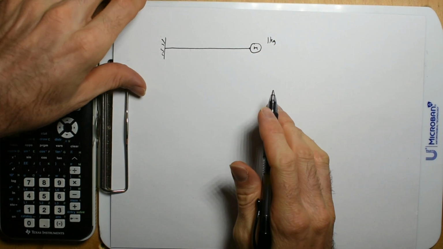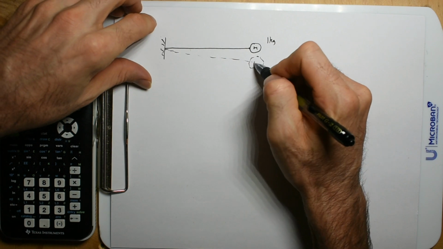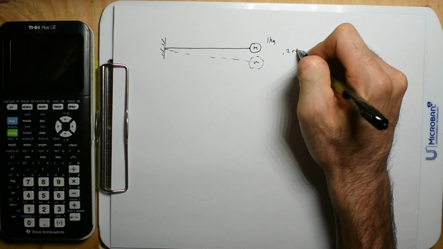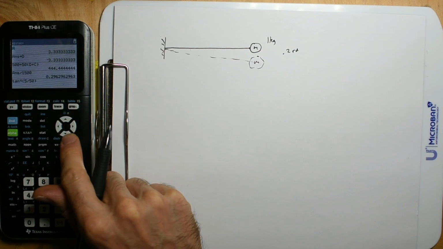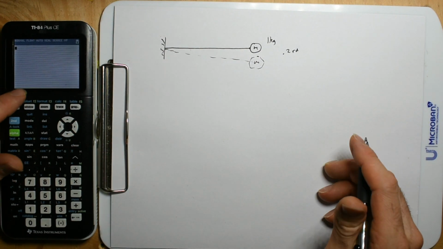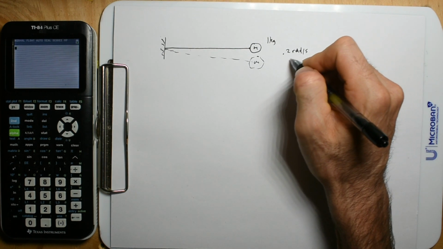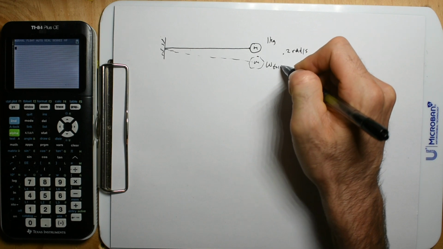We found that it went right here, and we had radians of like 0.2. Was it exactly? Probably not. Oh, I didn't even solve it. No, it was 0.2 radians, so we have 0.2 radians per second as our omega at t equals 1 second.